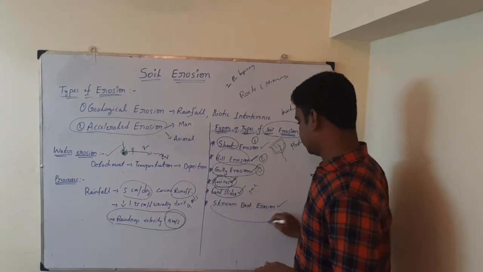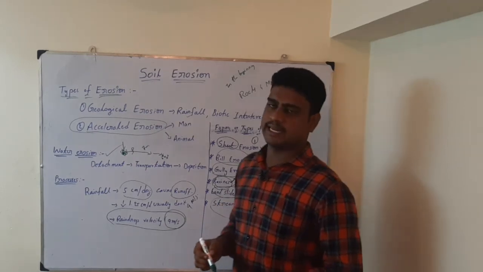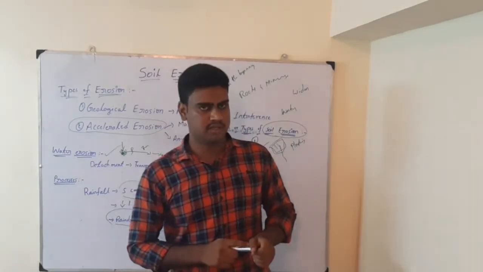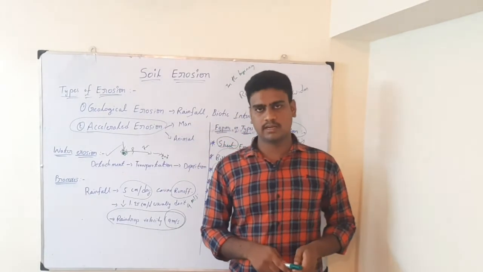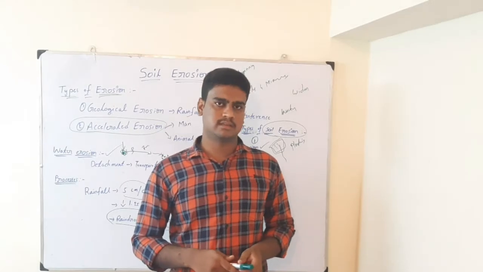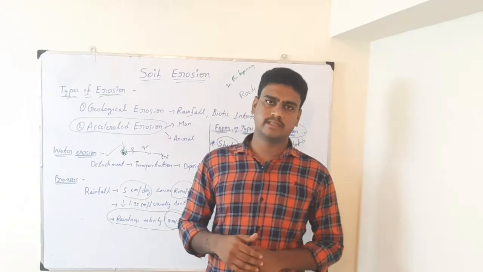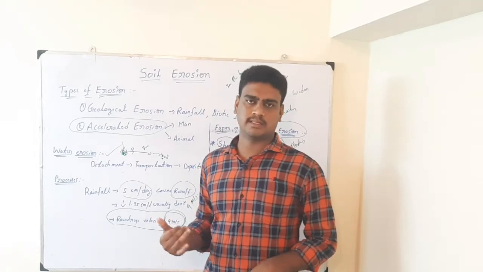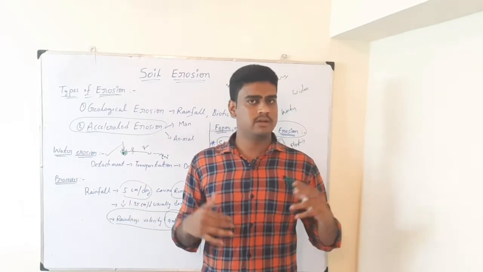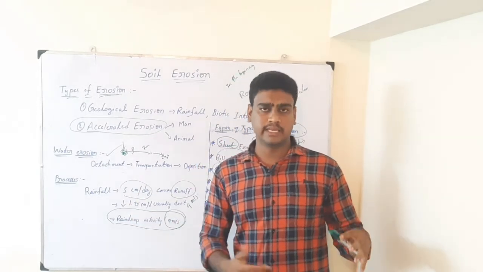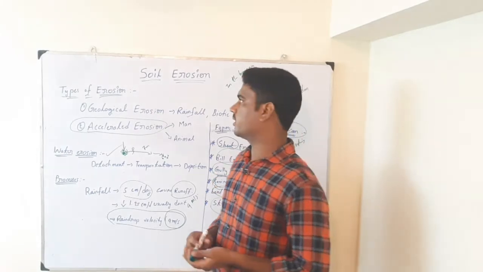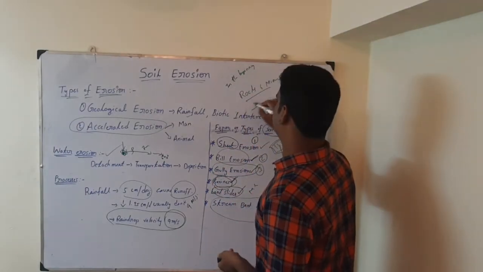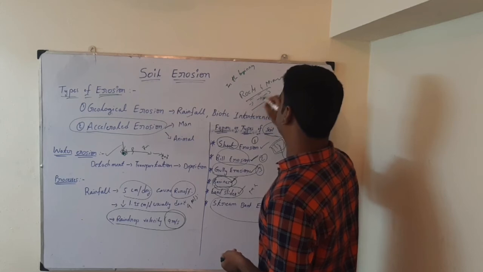Then the last one is stream bank erosion. Stream bank erosion means if you look at any river or lake during the rainy seasons, when very high intensity rain comes, the water in the lake or the streams or the rivers will increase. When it increases beyond its capacity, for example, just imagine this is the river, and water is moving towards one side.